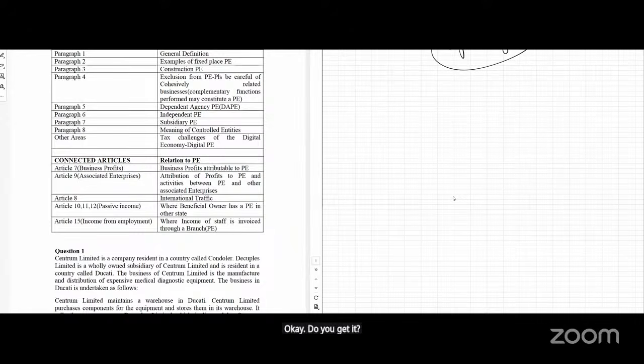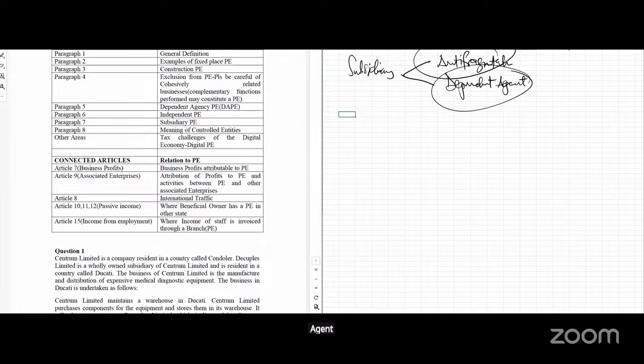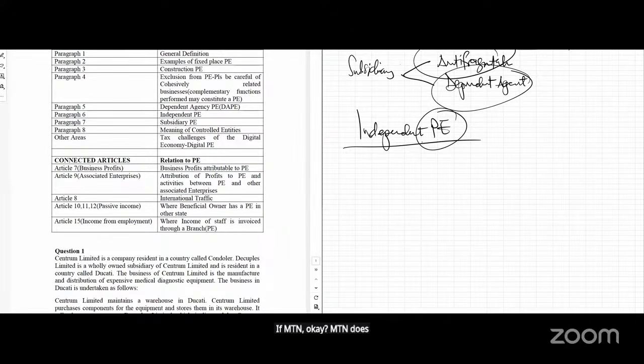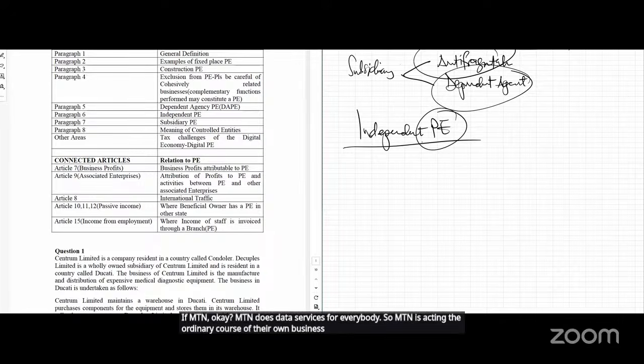Now let's come to independent agency. Independent agency doesn't create a PE, right? So look, MTN does data services for everybody. So MTN is acting in the ordinary course of their own business. True or false? True.